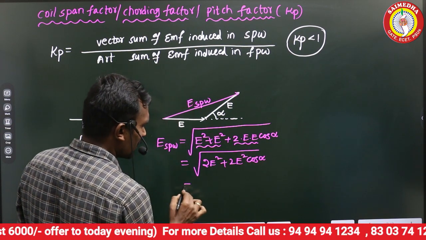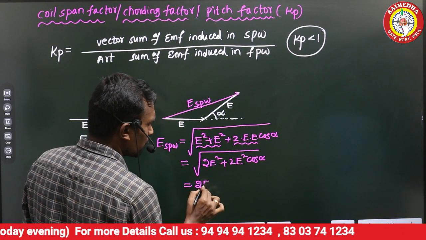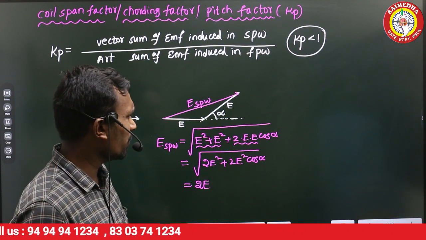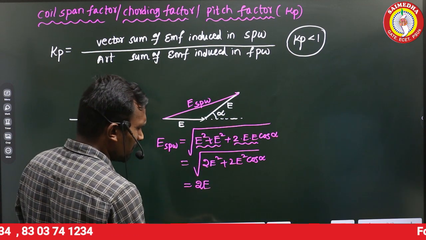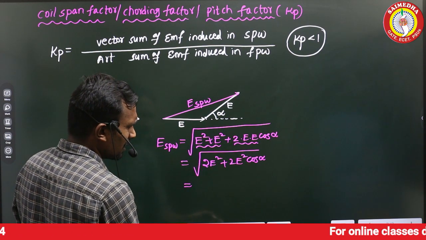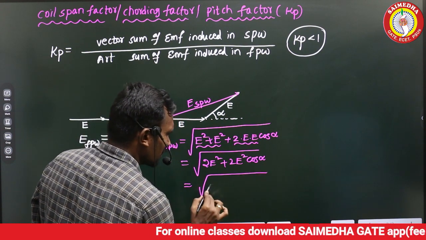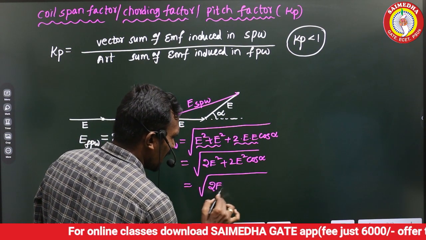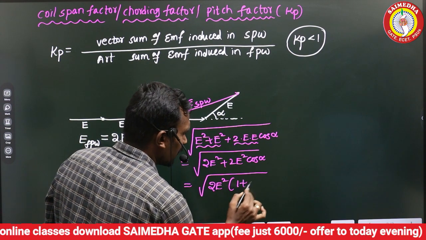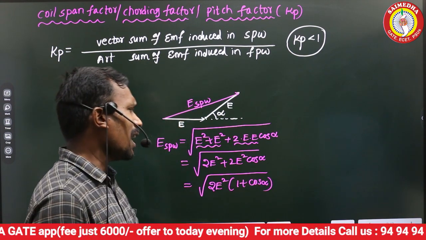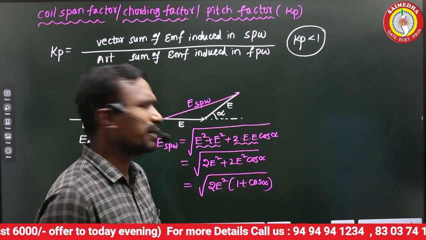Let's take 2E square common. Are you okay? 2E square gets common. Otherwise, just take it like this: 2E square common, 1 plus cos alpha. Can you tell me the equivalent for 1 plus cos alpha?